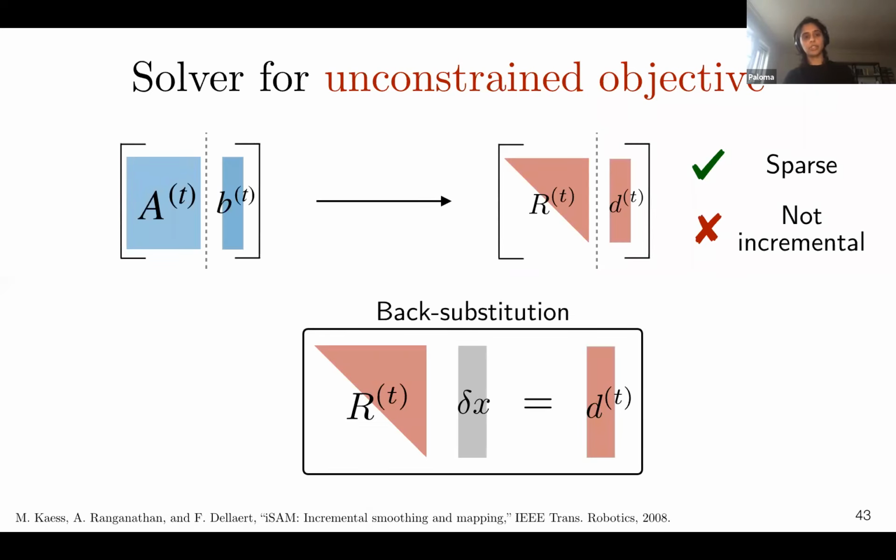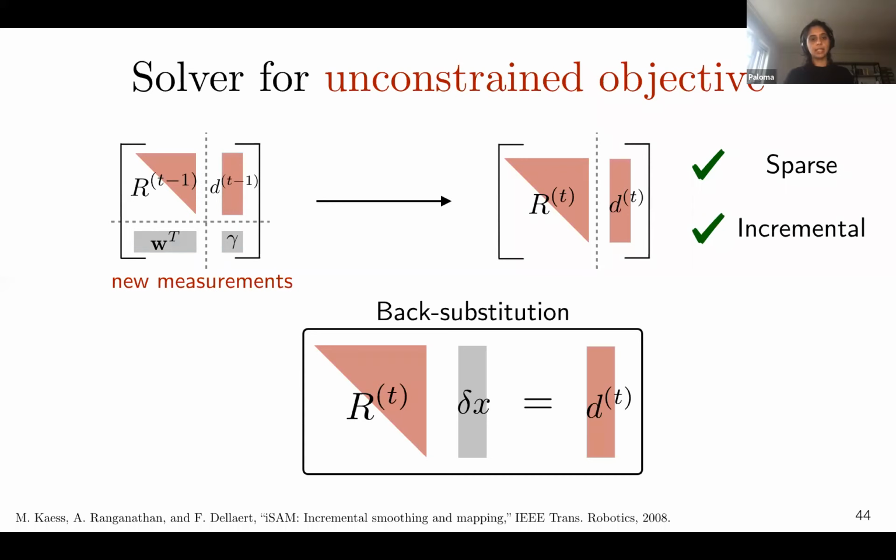As a result of which, this sparsity can be exploited by computing a square root factorization of A into an upper triangular matrix R. And once we have the matrix R, we can efficiently solve for delta x via back substitution. Now in this problem, while we are exploiting sparsity, we are still having to recompute this factorization R from scratch every time step as new measurements come in.